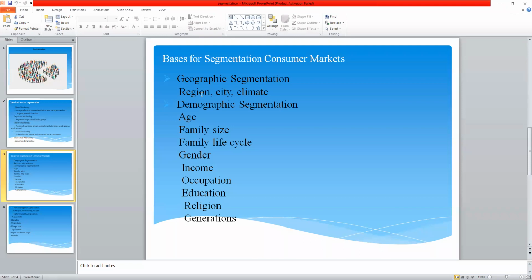All these attributes comprise demographic segmentation. These demographic variables are the most popular basis for distinguishing customer groups. Most companies take demographic segmentation into account while offering the products.